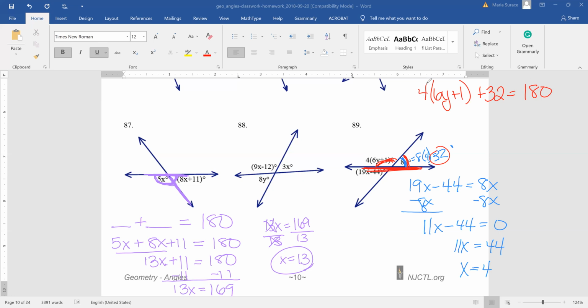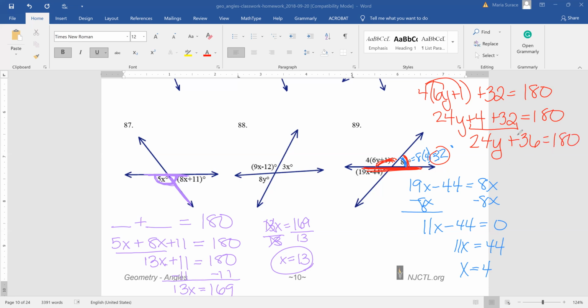So if I distribute, 24y plus 4, and then I have plus 32 equals 180. Combine your like terms, 4 plus 32, 24y plus 36 is equal to 180.